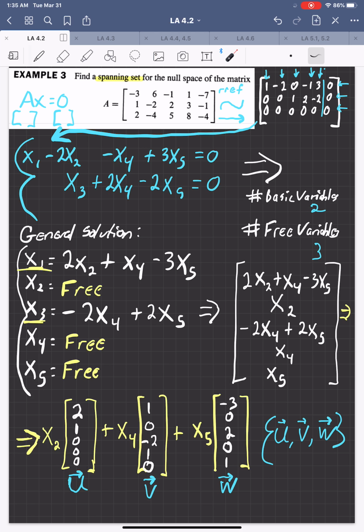But now what we want to do is we're going to introduce a new type of space, and I'll give it a name in just a second. I'm going to introduce the new space, which is called a column space.